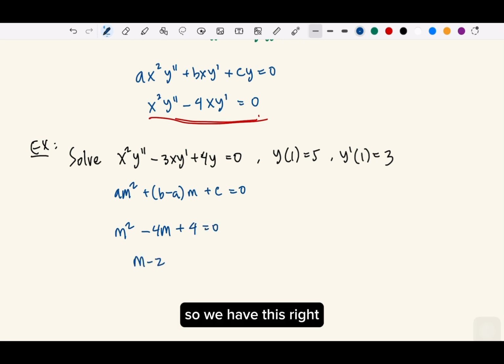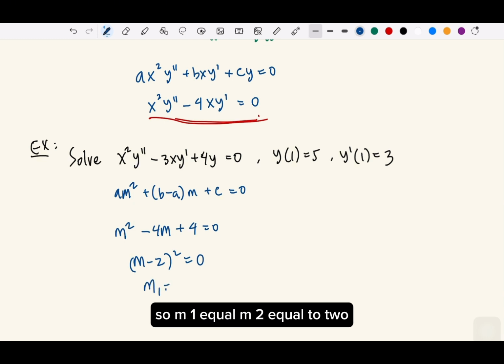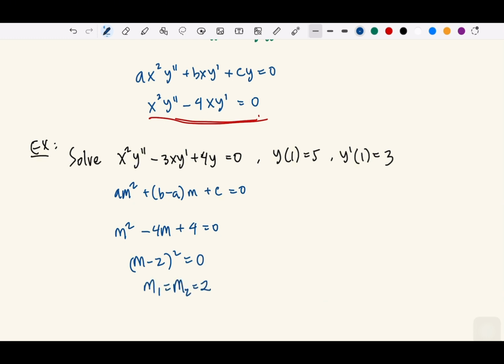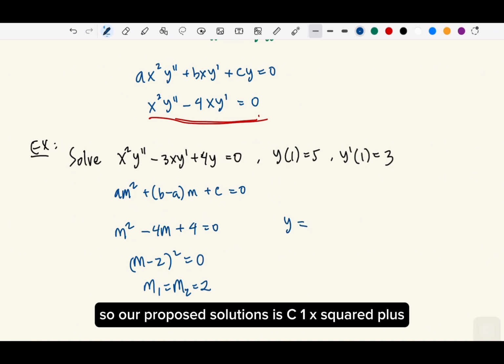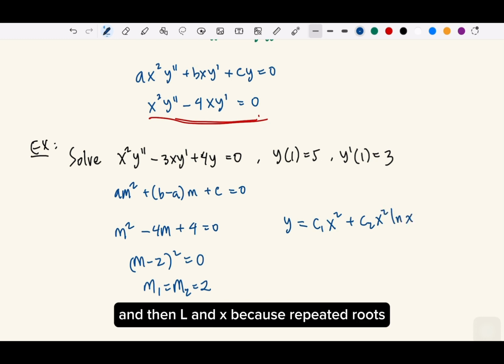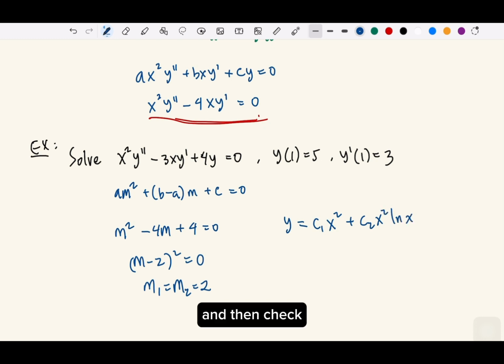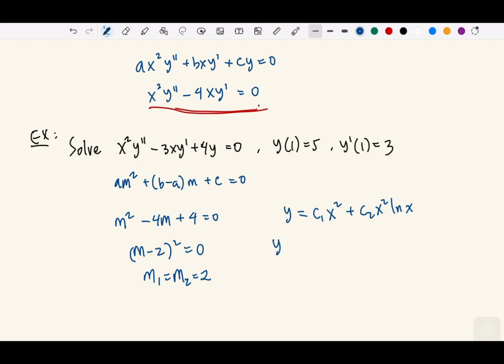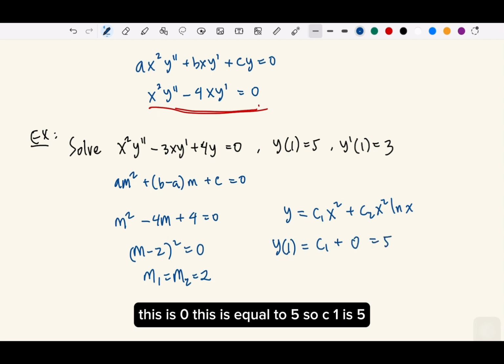We have repeated roots, so m1 equals m2 equals 2. So our proposed solution is c1 x squared plus c2 x squared ln x, because of repeated roots. And then check when x equals 1, this is 0, this is equal to 5. So c1 is 5.